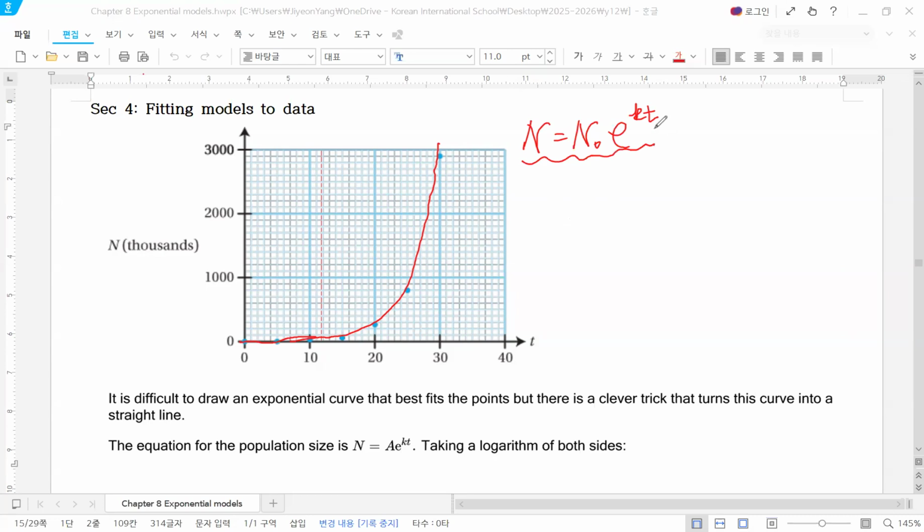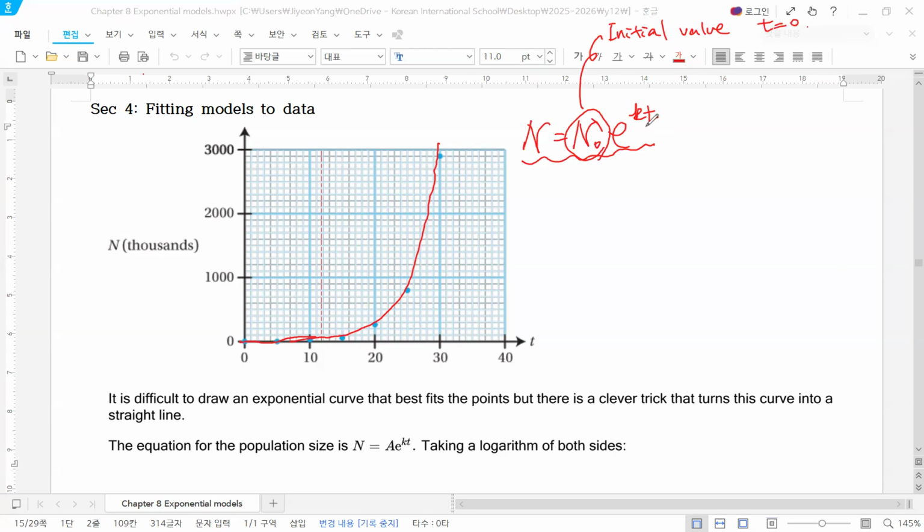It's familiar, right? But now it's time that you need to remember the exponential model form. So what does N0 represent, guys? The initial value. N0 represents the initial value, which means when t equals 0.